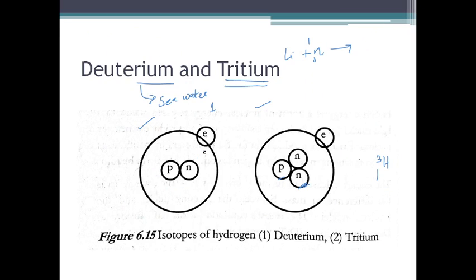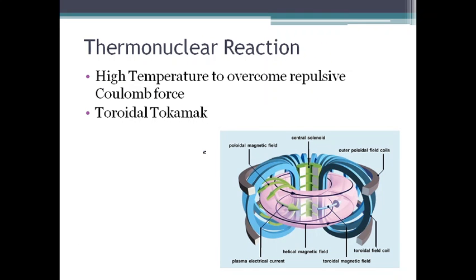Another challenge that we face in the nuclear fusion process is how we could maintain this reaction. The nuclear fusion process is often called a thermonuclear reaction because this process will happen only at very high temperature. As we know, in a fusion process, two nuclei have to come together and fuse.